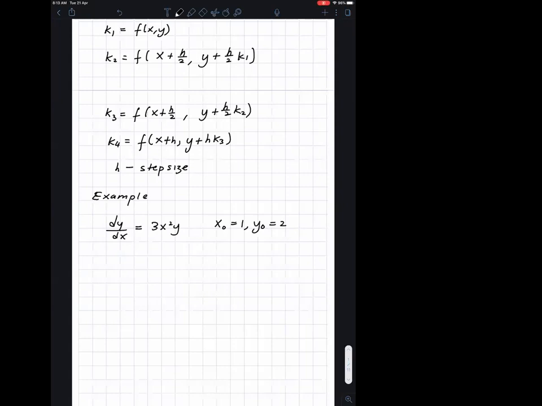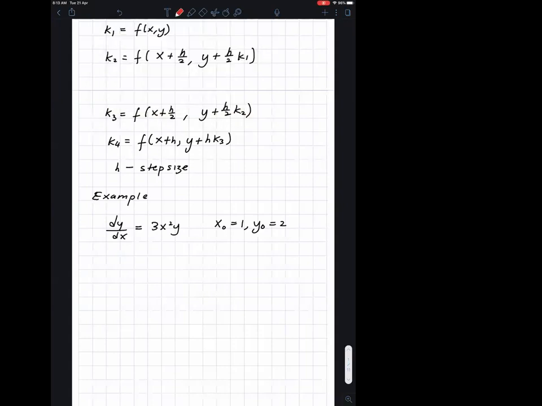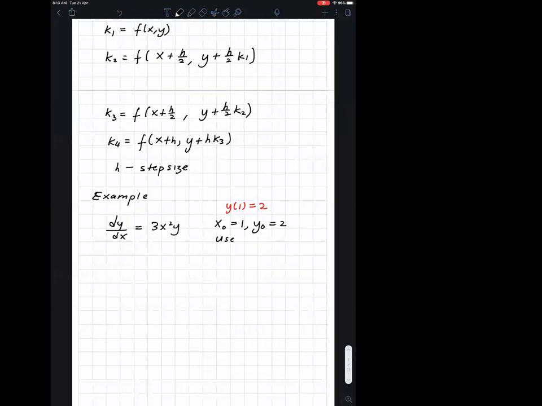What it really means is that when x is 1, then y is 2. That's what it means. So use a step size of 0.1.